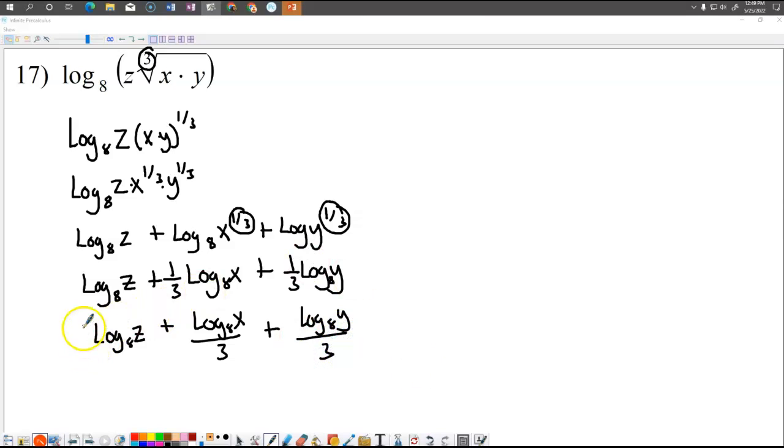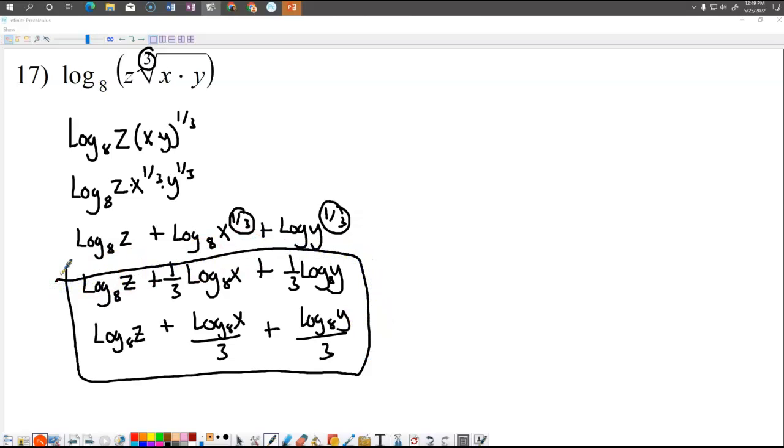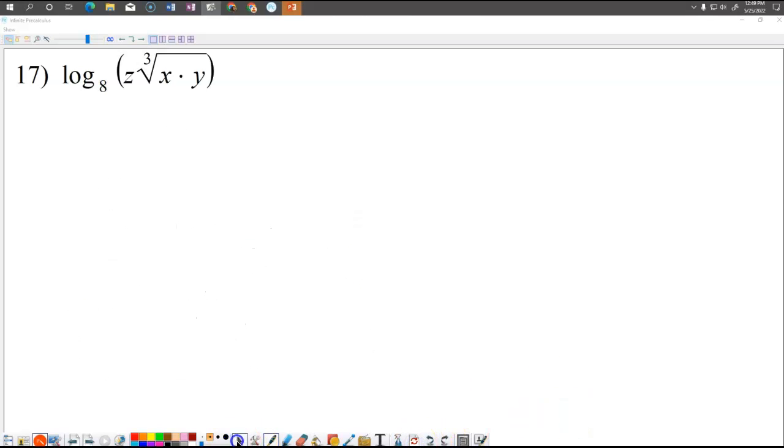Same thing there. So either one of these last two lines are good ways to write the answer. All right. And then there will be one in there for you guys to do for number 18. Just bear in mind yours is a square root, which means that even though the number is not written there, it is a 2.